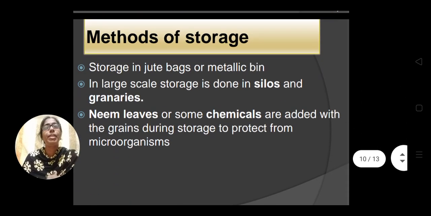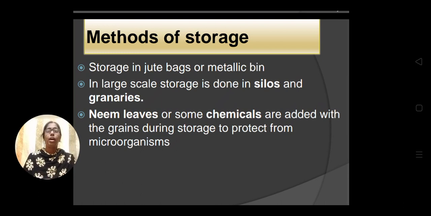Next, there are several methods of storage. Generally, farmers who are not able to afford much, and who produce the grains in small quantities, store them in jute bags or metallic bins. But for large scale storage, silos and granaries are used.